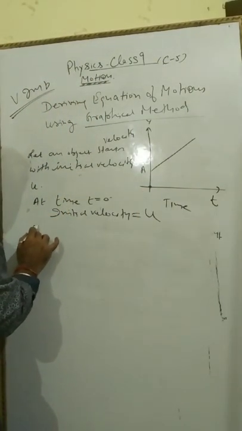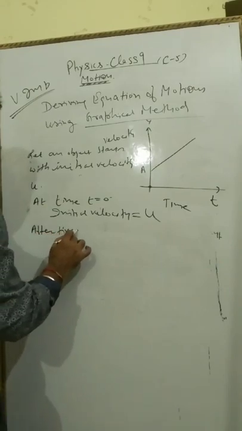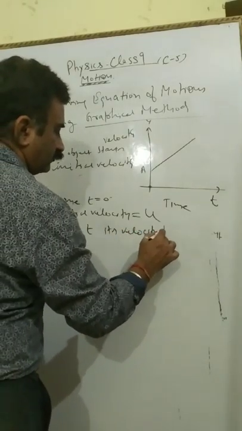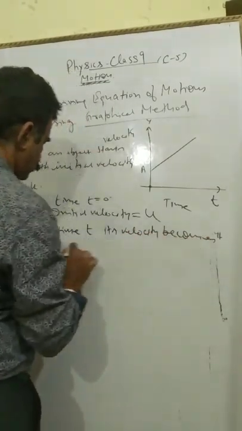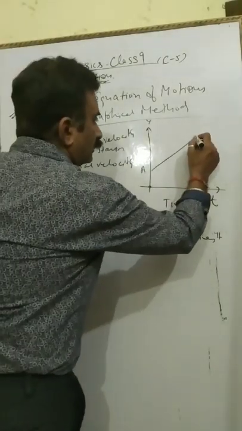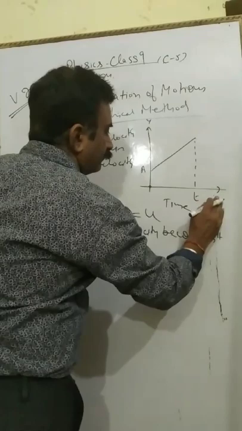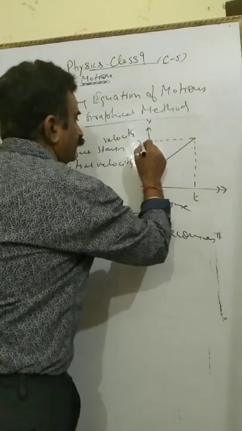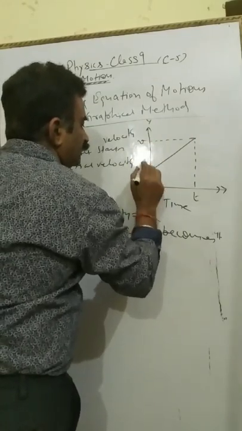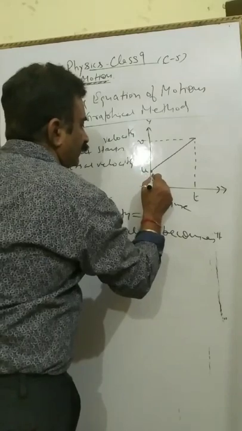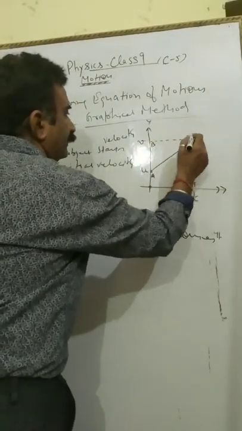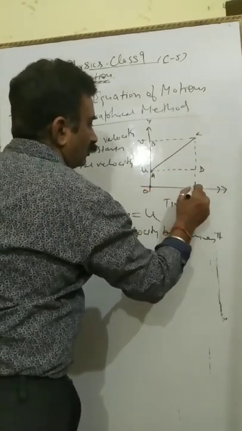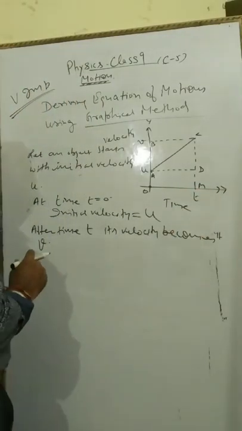Then after time t, its velocity becomes v. It is a time t and velocity becomes v here. Here the velocity was u. The points I am writing here are A, B, C, D, O, M respectively.